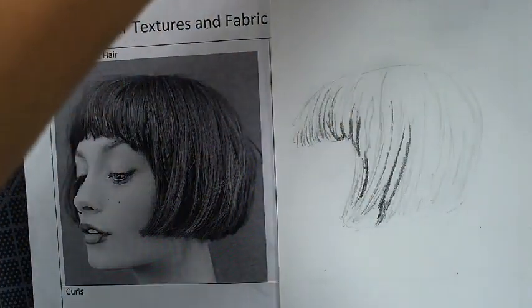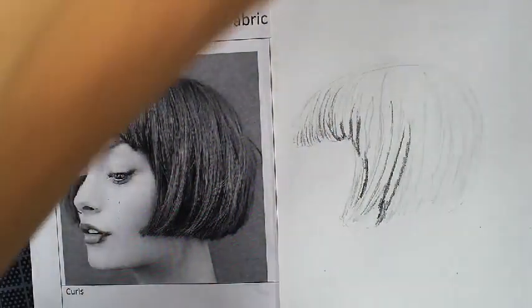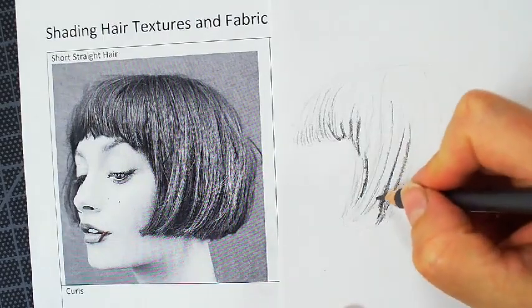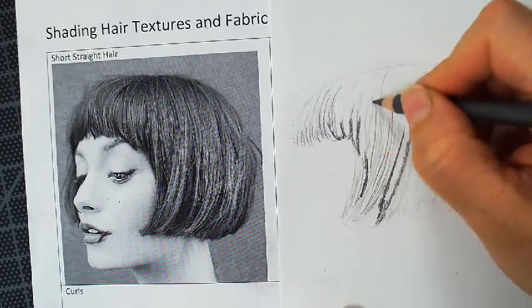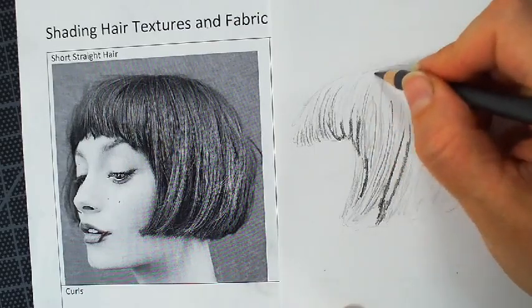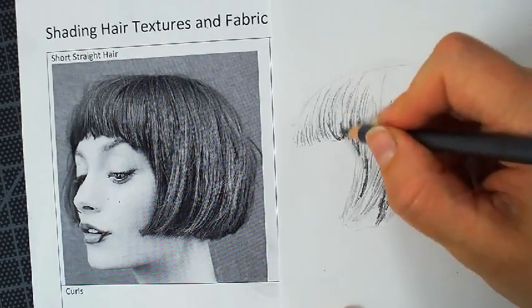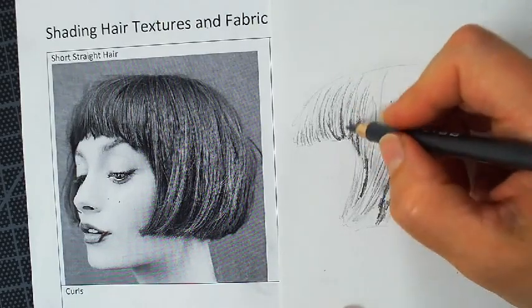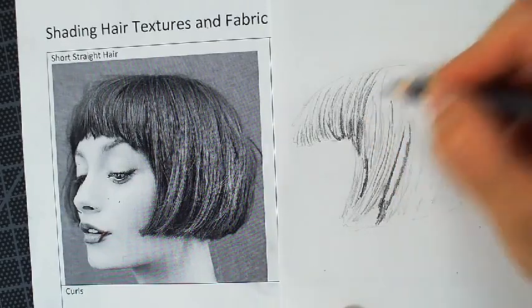Make sure your pencil is really well sharpened. These hairlines are pretty detailed. So you're still looking for light, mediums, and darks. You can go back in with a kneaded eraser and add highlights if you like.